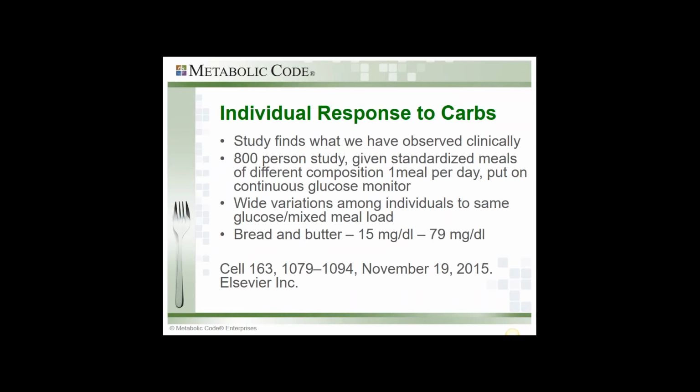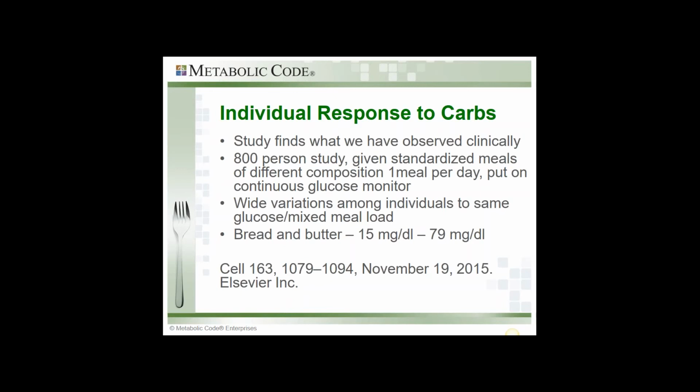So the big revelation that we've had now is that we need to control the quality of the carbs, and we need to try to at least control the amount of them that we take in, at least by modest portions. The big revelation that's come out, and I have to say, thank you for this study, is what we have seen in clinical practice for years.